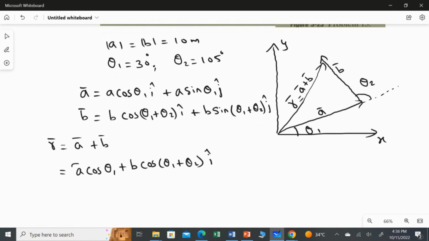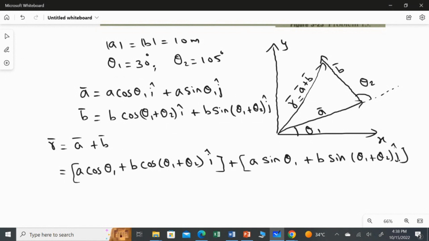So better I make a bracket, plus the j component, that means j cap: A sine theta 1 plus B sine of (theta 1 plus theta 2) j cap.